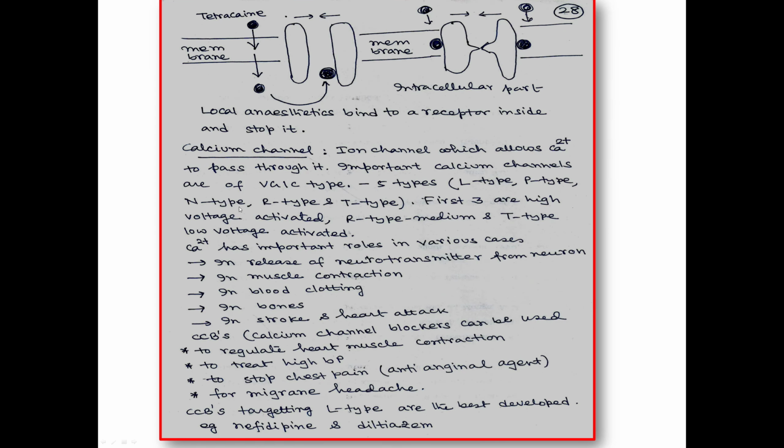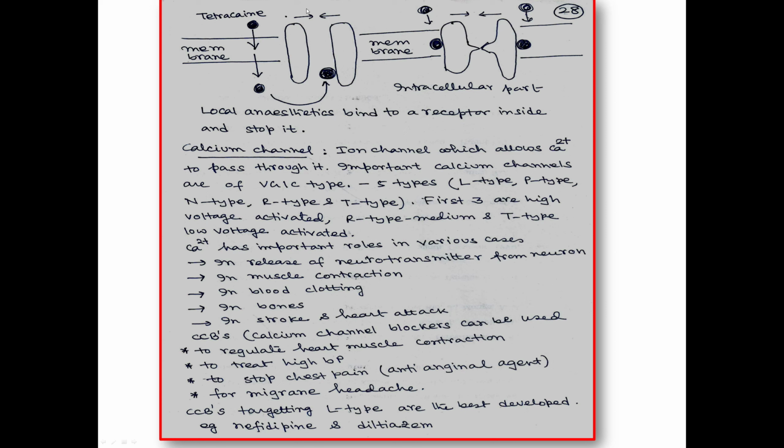So this is the membrane, and tetracaine is coming inside and binding with the binding site of the voltage gated sodium ion channel. So when the sodium comes, the channel will not open.